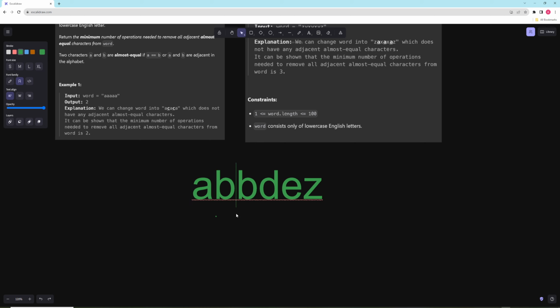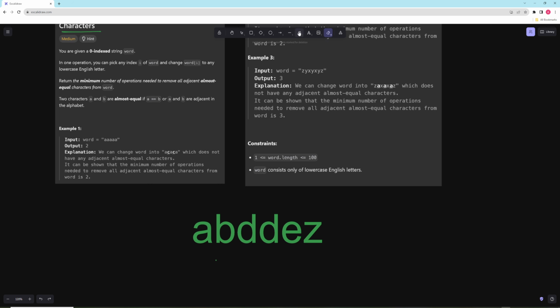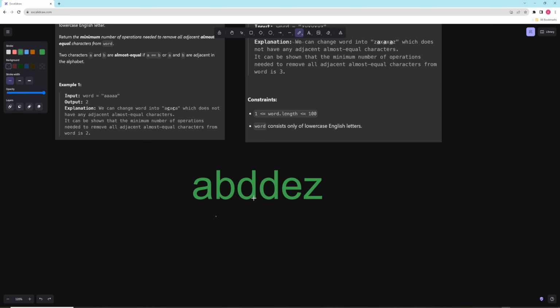But if we change the second character, we can always change it to a letter that isn't close to any of its neighbors. And so then we can get rid of two issues at the same time, right? So it's always going to be better to change the second character. That's the idea of this problem. Anytime you have two characters, you're always going to want to change the second one, because then you might fix a future problem.